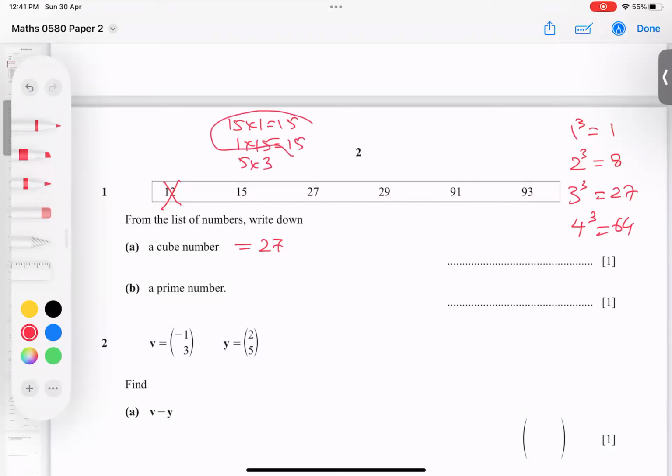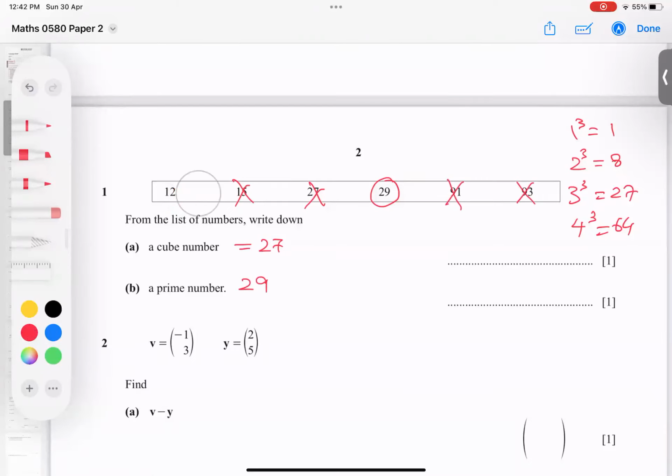When we have more than two factors, this is not a prime number, it's called a composite number. 27, 9 3s are 27, so this is also not a prime number, a composite number. 29 is a prime number. 91, because 7 is a factor, 7 13 times is 91, so it is divisible by 7 and not prime. And 93, because 3 3s are 9 and 3 1s are 3, is also not prime, it's a composite number. So we got 29 here. I believe that point is clear.